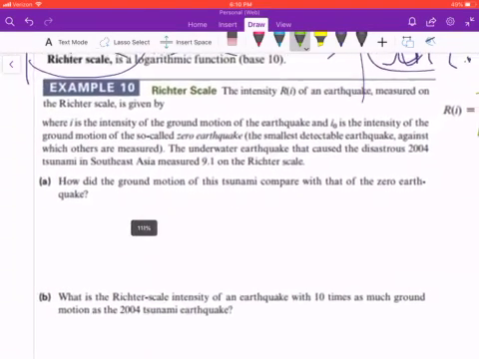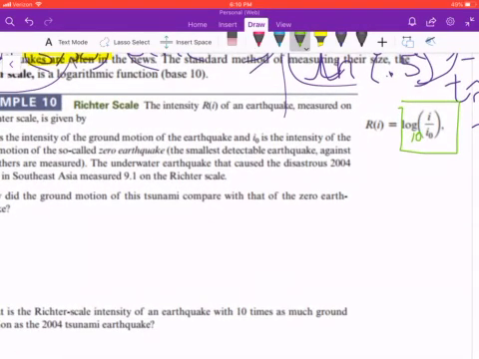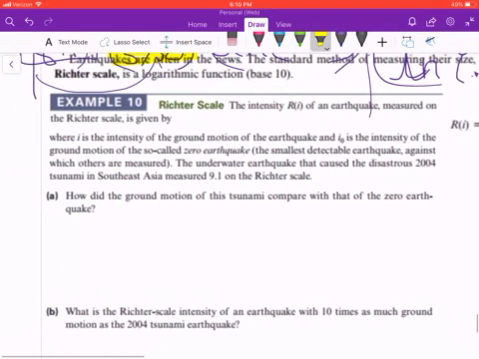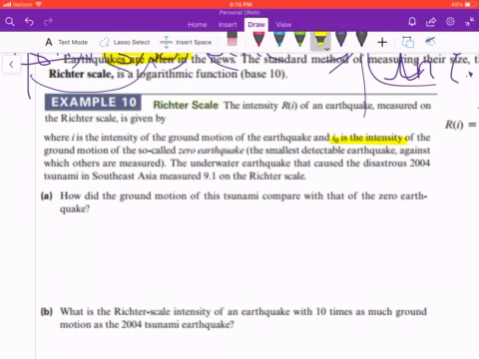So in this case, the I sub 0 that we see here is going to be an earthquake of an intensity that is called zero earthquake. And it is the smallest detectable earthquake, kind of like a control group. Imagine it like that. So something that another earthquake is going to be compared to determine how intense this was.